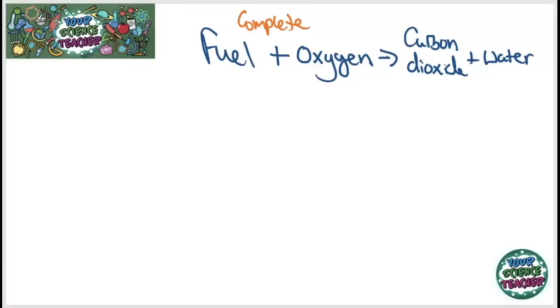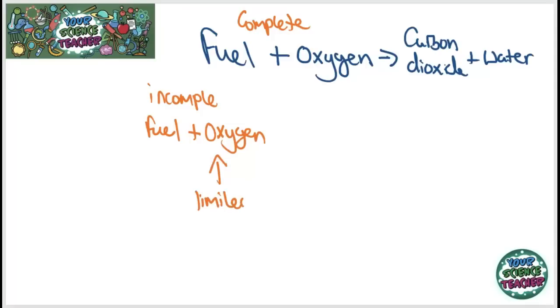However, I have another option, which is incomplete combustion, and this is when I don't burn in plenty of oxygen and I have my fuel and I don't have enough oxygen. I could just say that this is a limited supply of oxygen, and this time I will make as my products carbon monoxide, carbon particulates and water.